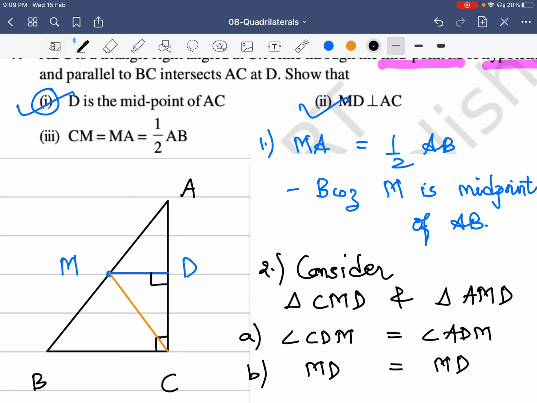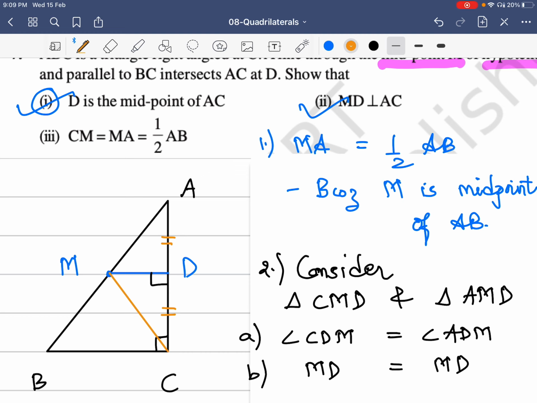Now the third thing we want to prove is yes, D is the midpoint of AC. We just proved in statement number 1 that D is the midpoint of AC, which means AD, let me use marking here, AD will be equal to DC. Okay, AD is equal to DC or CD is equal to AD.